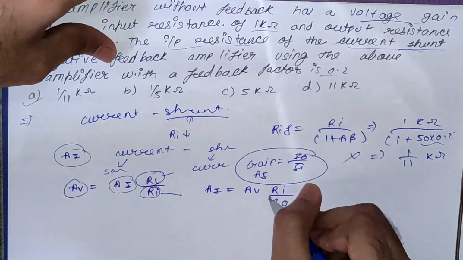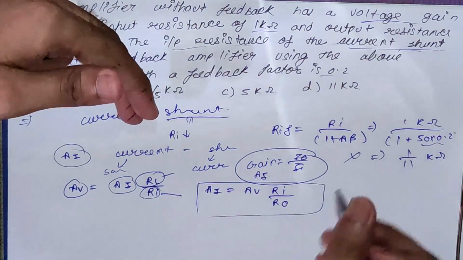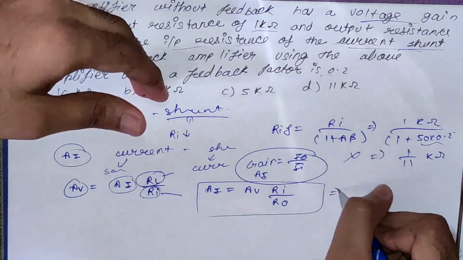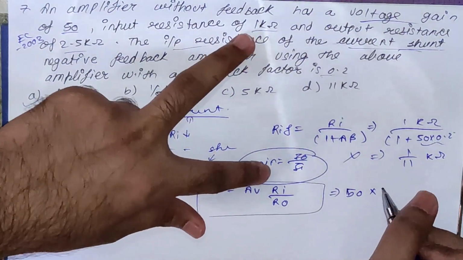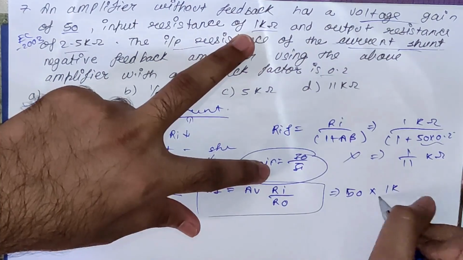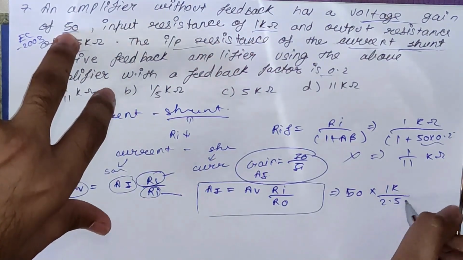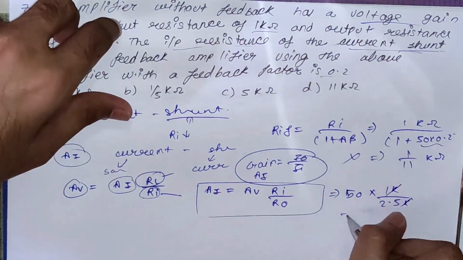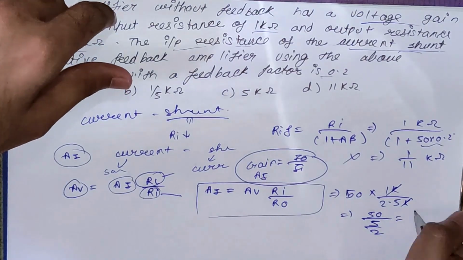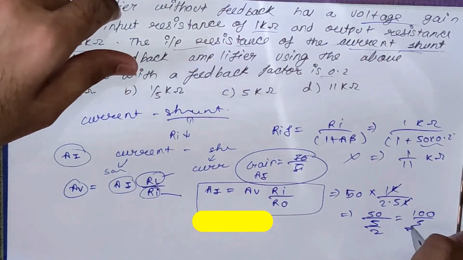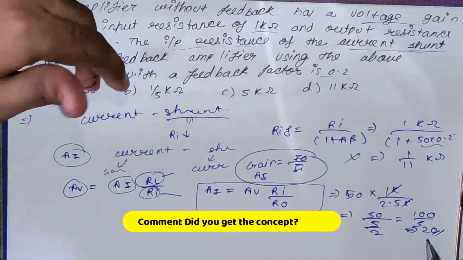So AI is AV, 50, multiplied by RI, 1 kilo ohm, upon RO, 2.5 kilo ohm. The kilo ohms cancel. 50 upon 2.5 is 20. So we get our current gain.